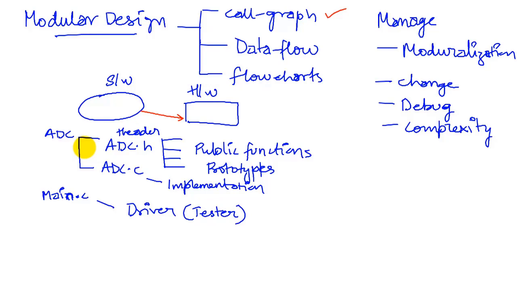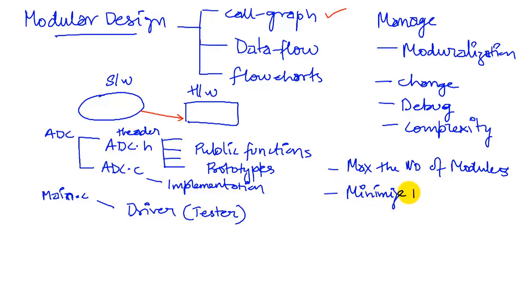There are guidelines. These are something that you learn by practice, but the general idea is to maximize the number of modules by making sure that you minimize the interdependency.